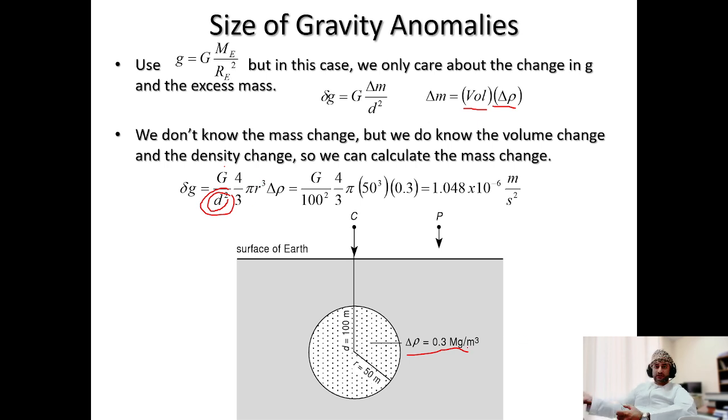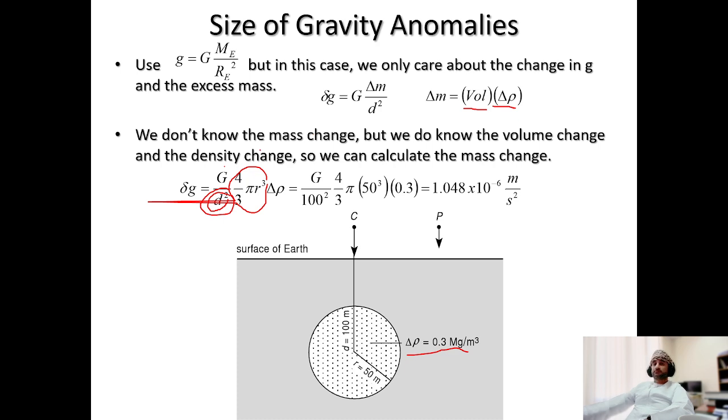Because everywhere the gravity is the same, in all places, the radius will be converted to the depth of the body. The other parameters are 4 over 3 pi r cubed, that's the volume, and that's the difference in density.